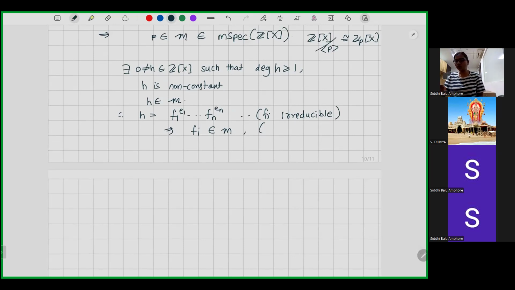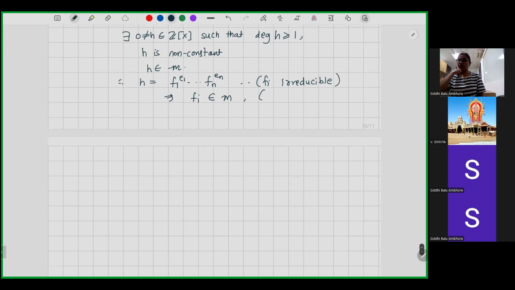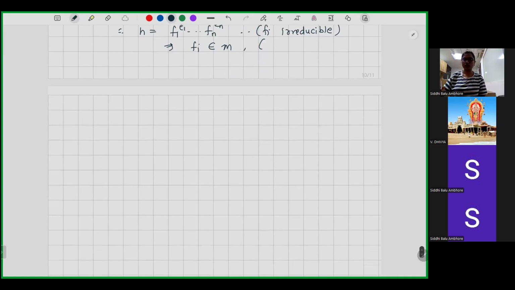But when I look at its factorization, since Z[x] is a factorization domain, I consider this irreducible element Fi. Since M is a maximal ideal and hence a prime ideal, each Fi also belongs to my ideal M.